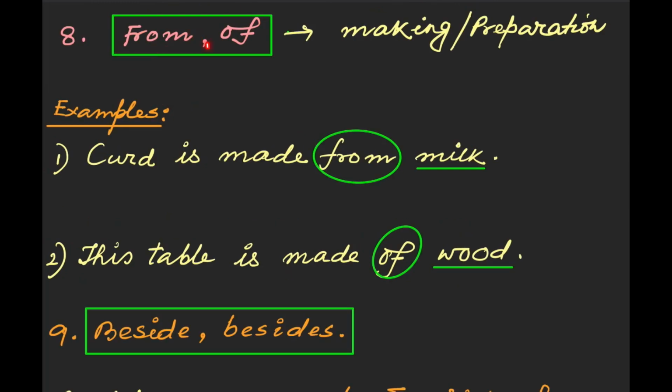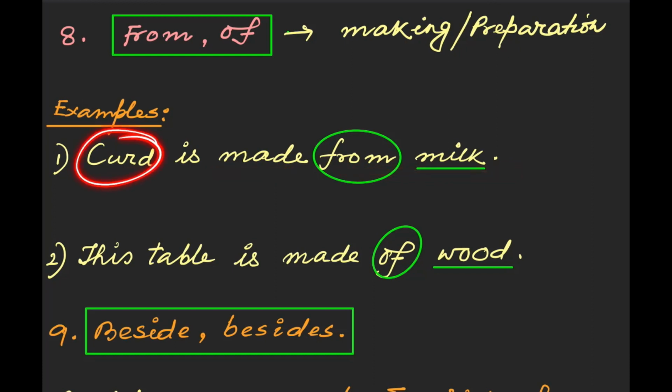From and of. These two prepositions are very, very important in English. See how these two prepositions are used in a sentence to indicate the kind of making or preparation. See the examples, then your learning will be clear. Curd is made from milk.